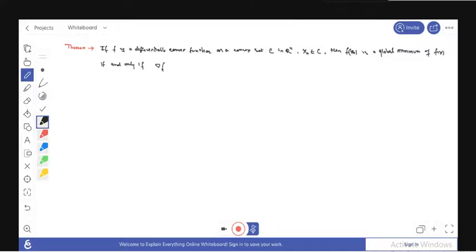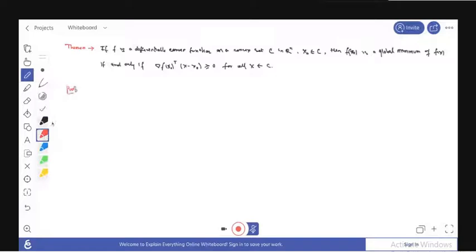That condition is that the gradient at that point, the global minimum point, transpose times (x minus x naught) is always greater than or equal to 0 for all x that belong to the convex set C. Okay, so proof.